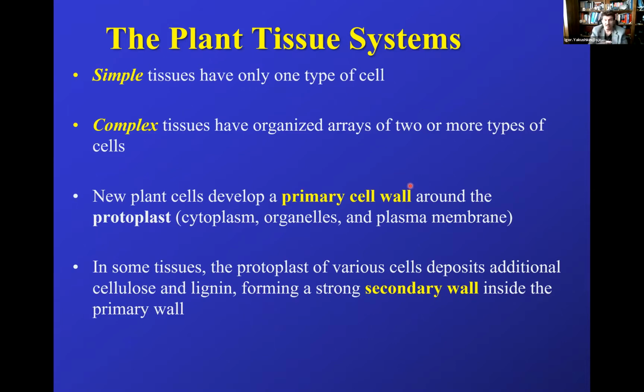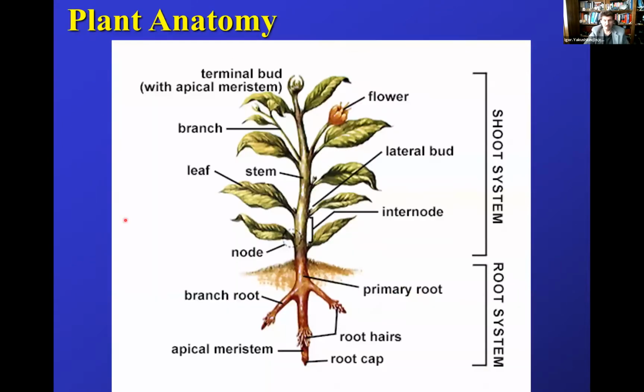And in some cases, the cell can be still alive inside of it, so it will be penetrable by any kind of chemicals. And in some cases, it will isolate itself and die inside, just leaving basically the skeleton, and we'll discuss that momentarily. So plant anatomy, very simple.